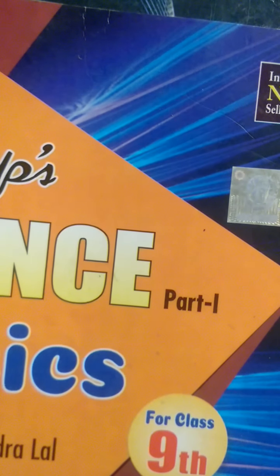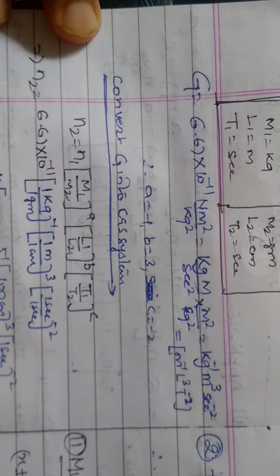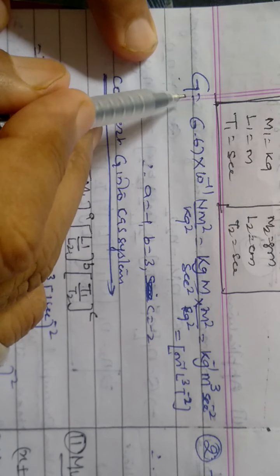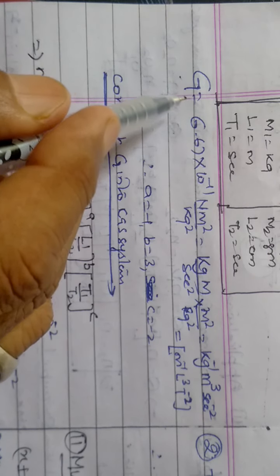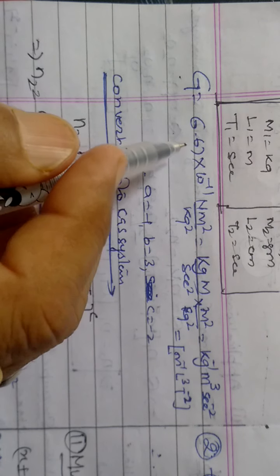We are writing one more famous example of it. It is generally asked in your examination. The value of G is 6.67, the universal gravitational constant. Why do we call it the universal gravitational constant? Because the value of G remains the same throughout the universe.